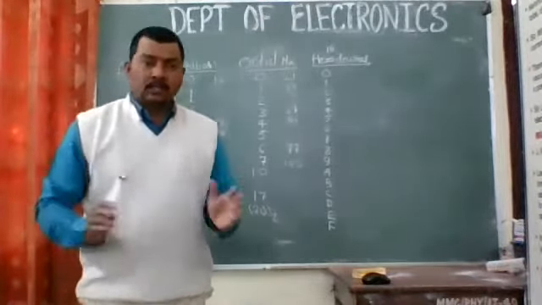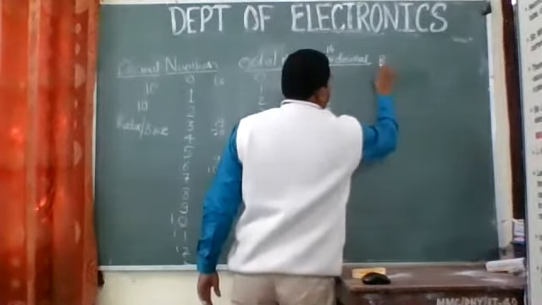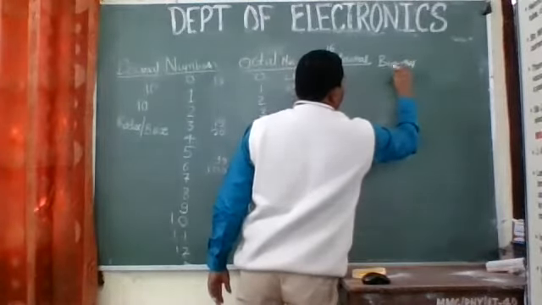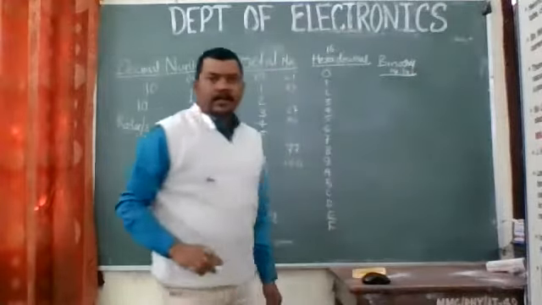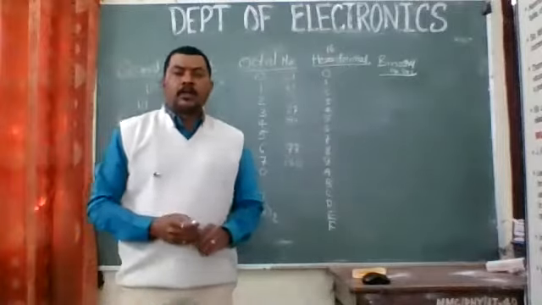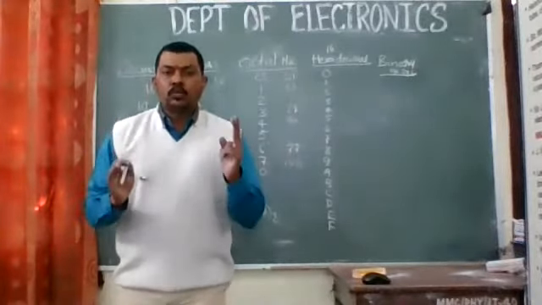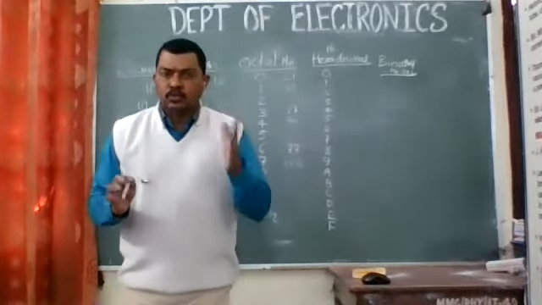binary number system. So we have the 4th number system as the binary number system, right? Binary, B-I-N-A-R-Y. What does the name suggest? Binary means two. Only two symbols are supposed to be used there.